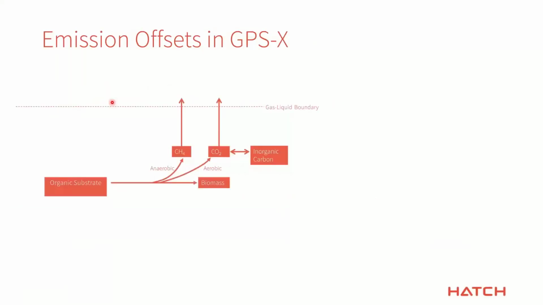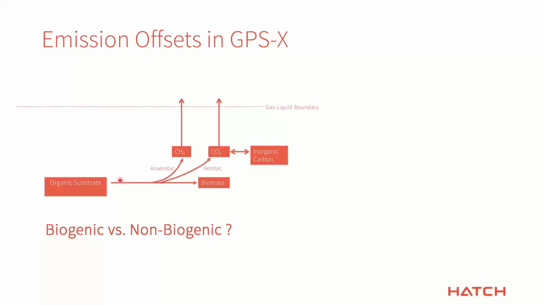One other thing that I want to mention here is that when we look at this organic substrate that is coming in, and it gets converted under aerobic condition to CO2 or methane gas, one other factor that needs to be considered is whether this organic substrate is biogenic versus non-biogenic.